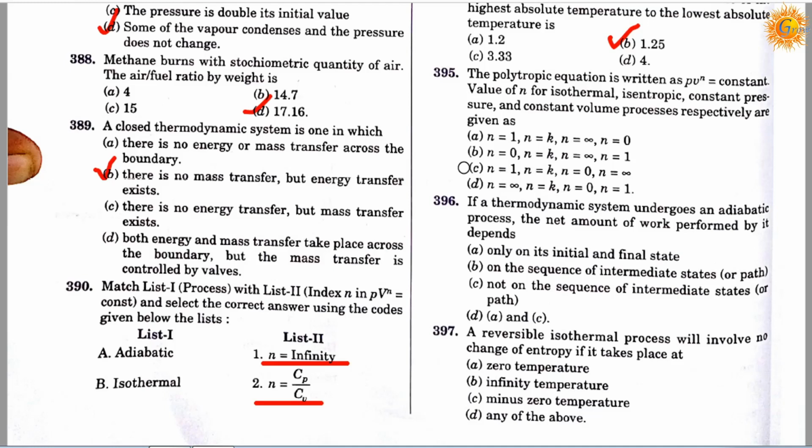So correct answer will be C, when the value of n is equal to 1, k, 0, and infinity, then these processes will happen.